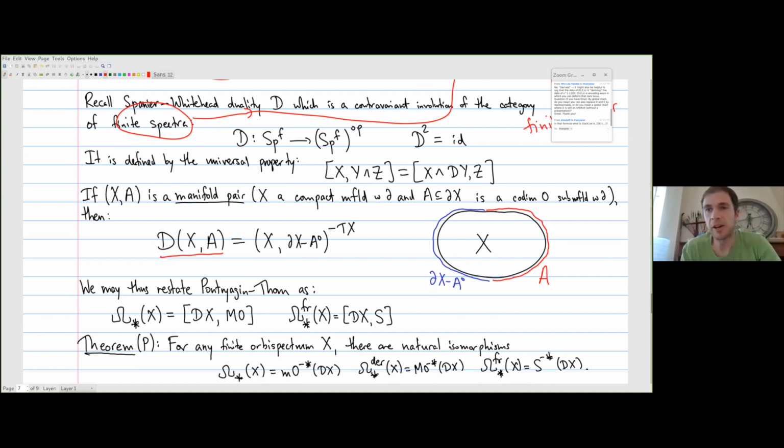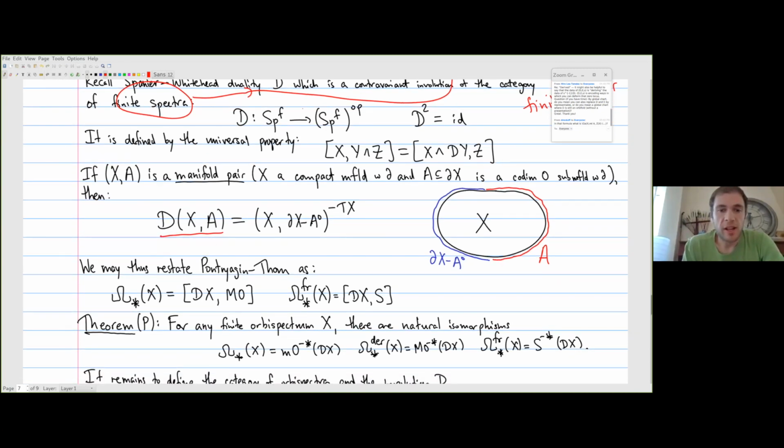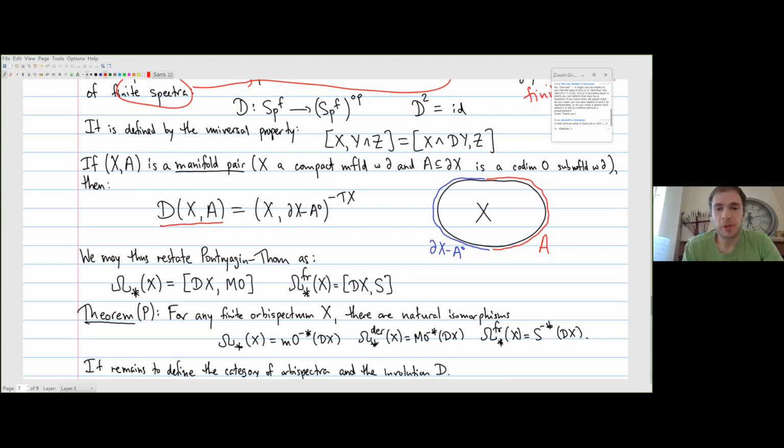So I didn't define framed bordism, but if someone wants to ask after the talk, I can if you like. Okay, so I haven't yet defined Orbispectra or the involution D, but that's what I'll do in the rest of the talk. And then we will have a complete statement of the Pontryagin-Thom isomorphism.